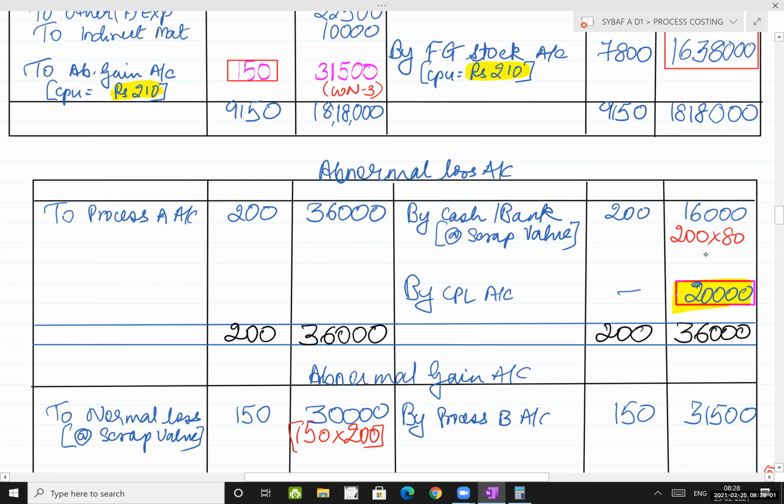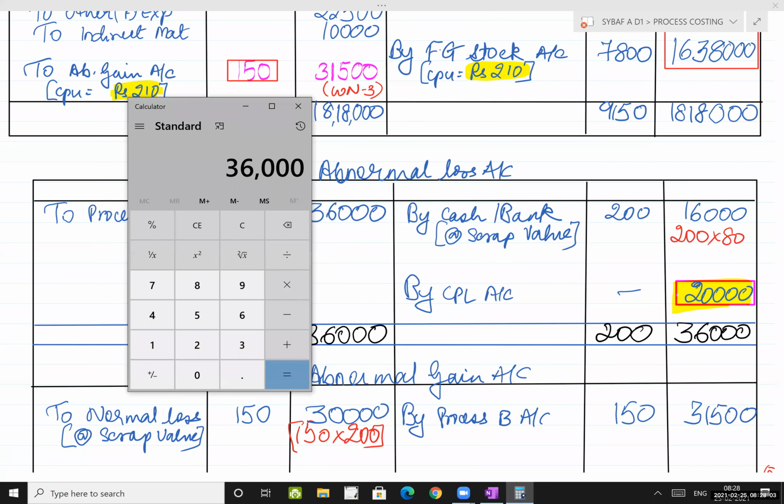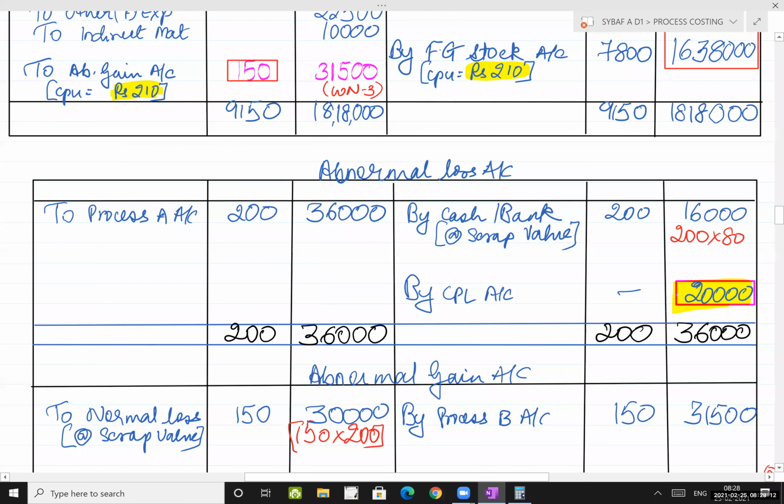How much is the difference? 36,000 minus 16,000. Okay, I said it the wrong way. So there is a difference, I mean loss, of 20,000 which will go to costing P&L account.